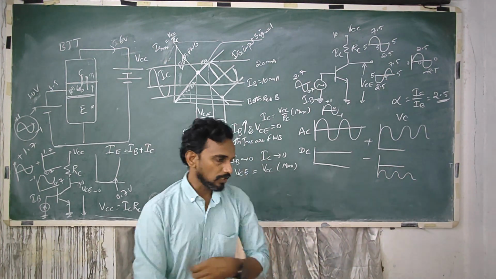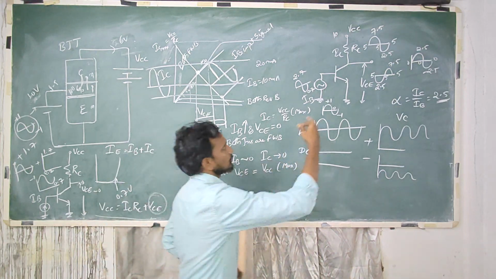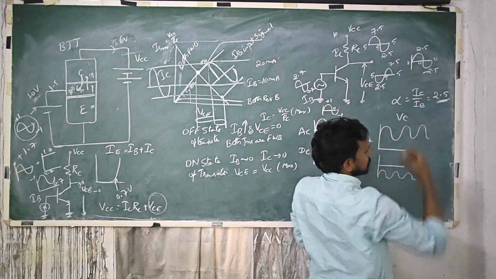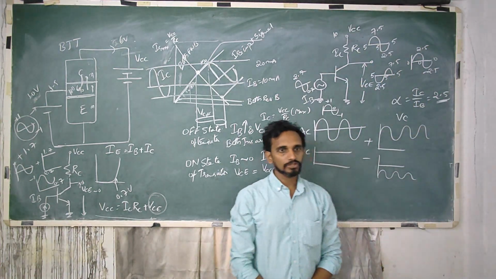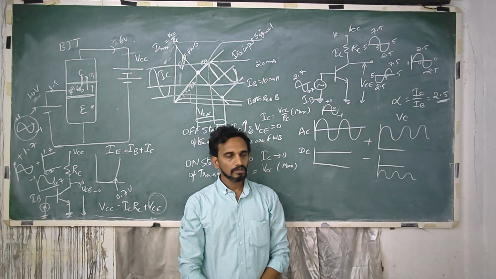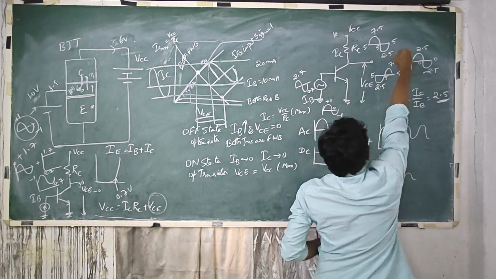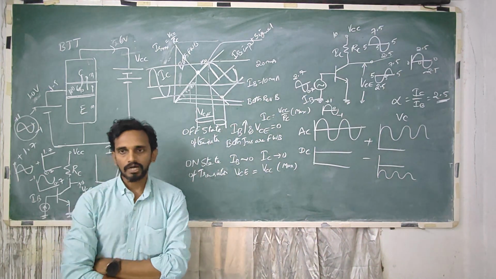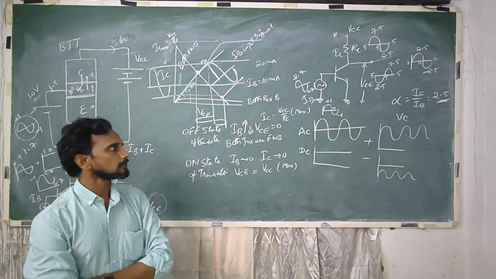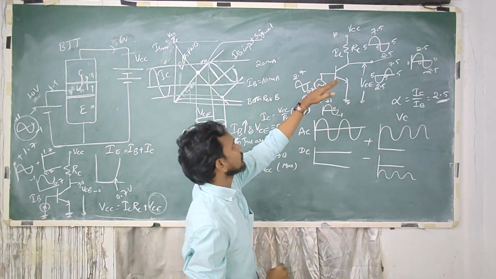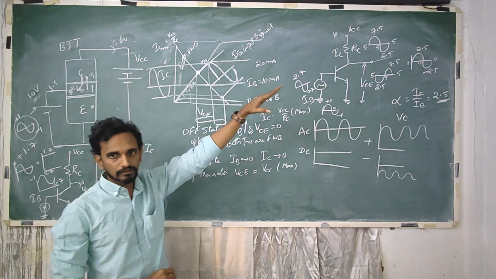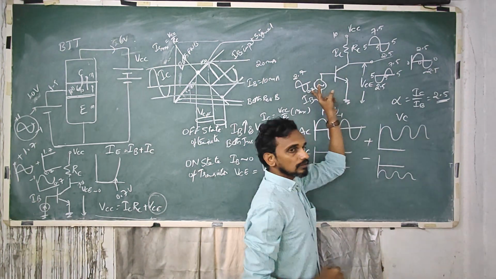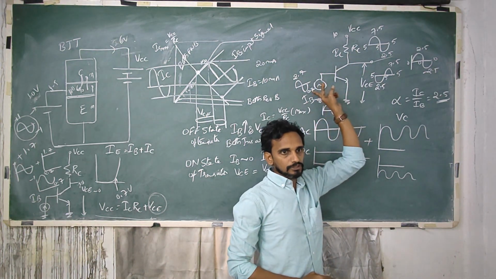Okay, so if you want to amplify it further, if you want to double it, what to do? Give this to next level, another same amplifier circuit, common emitter amplifier. So what happens? There is a DC component already added to it, and this is far beyond the bias voltage.